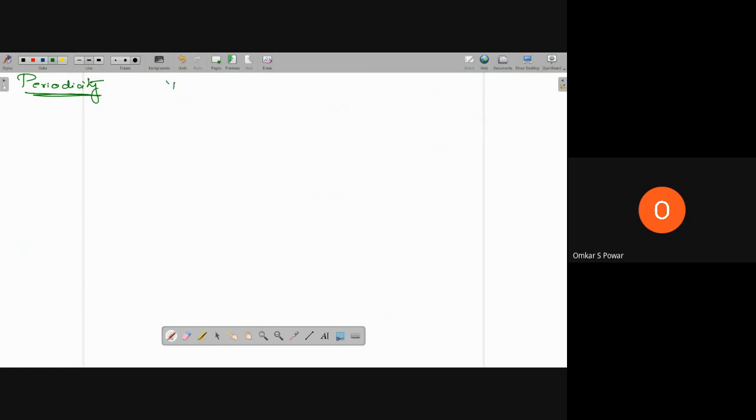So if DFT of x of n is X of k, then according to the periodicity property, x of n plus N is equal to x of n for all values of n. This means that up till N, after N it repeats, and it is the same as x of n.